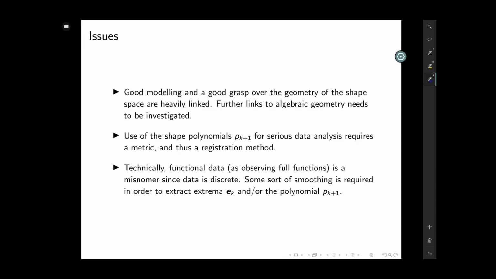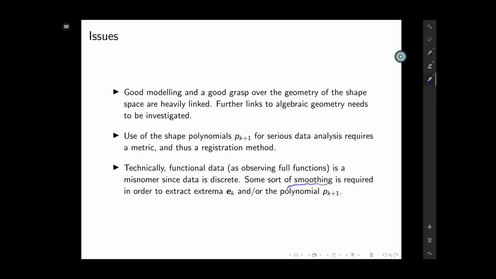The other thing is technically when we say functional data, we don't really observe full functions. Data is discrete. So given data, in order to view it as functional data and do all these things, unless you have very good understanding of the data generating mechanism, some sort of smoothing is required. You need to do some sort of interpolation or dimension reduction or something.